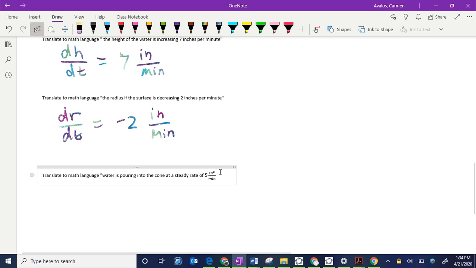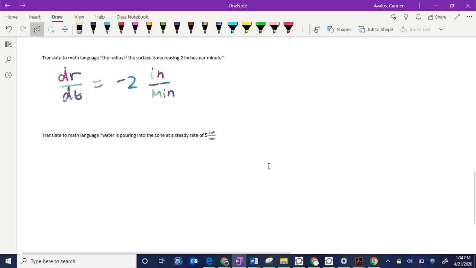So when it's inches cubed and we don't know what it's talking about, the inches cubed tell us that it's the volume. Volume is always going to have units cubed, area is always going to have units squared, and a distance like a radius or a height is going to be just straight inches. So when we're looking at this, it's going to be dV dt because the units tell us so.